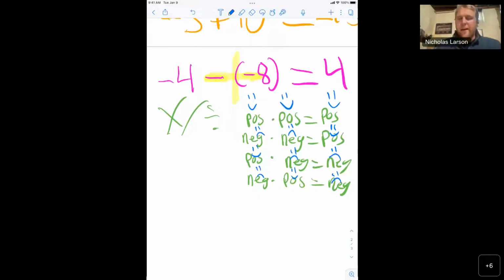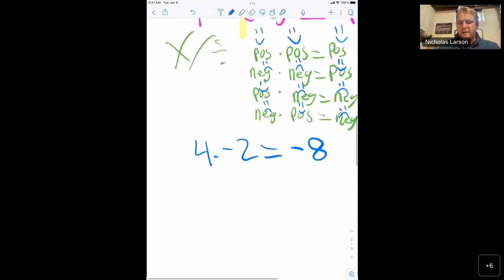So again, it's normal multiplication, it's normal addition, it's normal division. It's just we have a couple extra rules. So if I did 4 times -2, again, that's a positive times a negative. 4 times 2 is 8, but it's going to equal a -8.